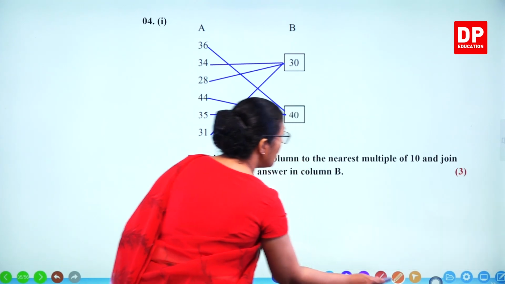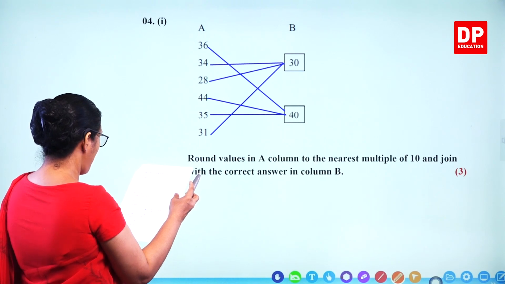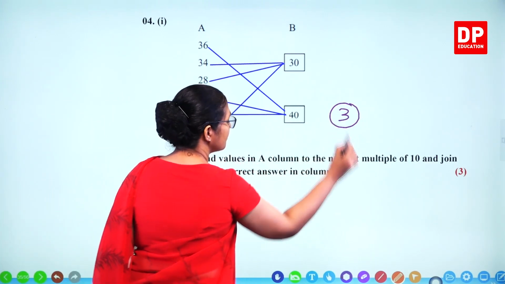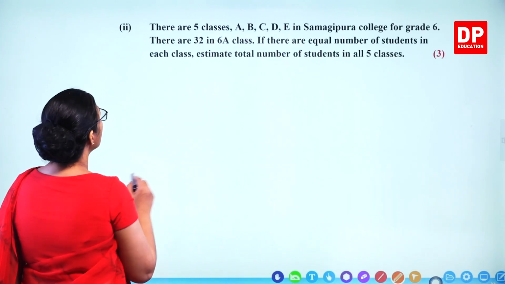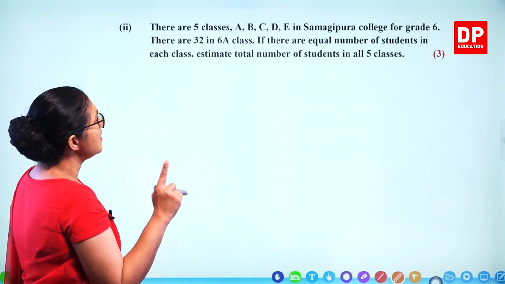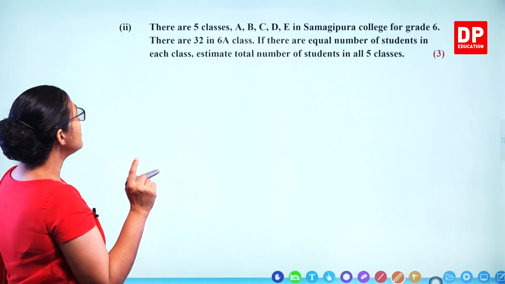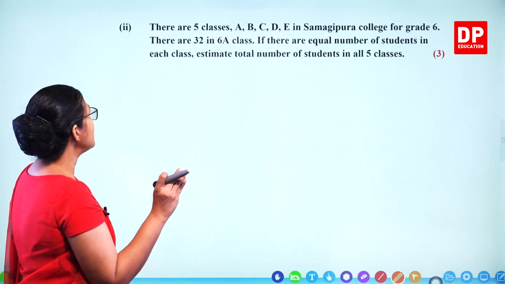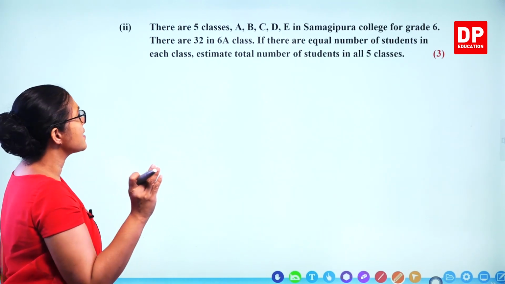So, how many marks are you getting? 3 marks. Part 2, there are 5 classes A, B, C, D, E in Sabaragamuwa College for grade 6. There are 32 in 6A class. If there are equal number of students in each class, estimate total number of students in all 5 classes.